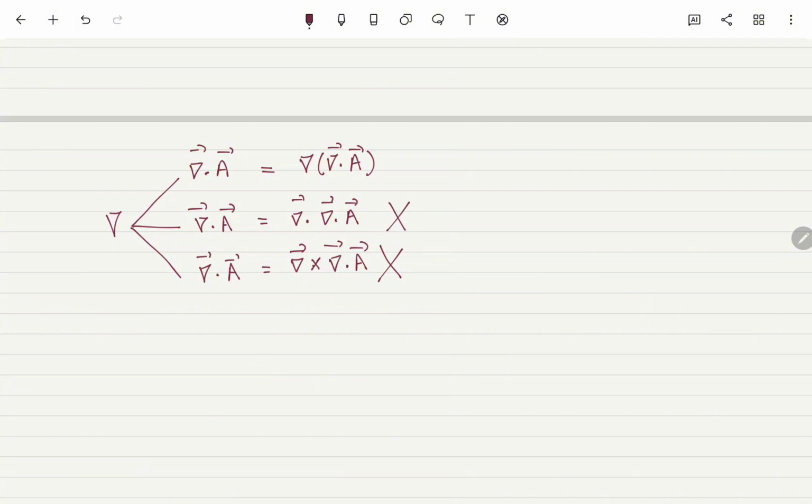So the only case we might have is this one here, because divergence A is a scalar quantity and del can be applied on a scalar quantity directly, like this one here. So out of the three cases, we only have one case, which is this one right here.